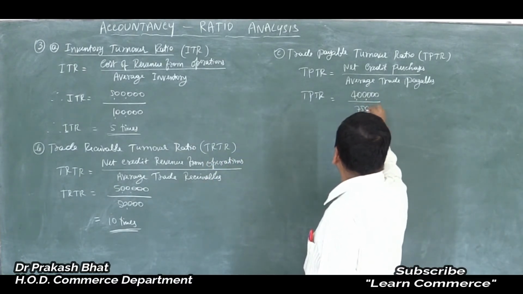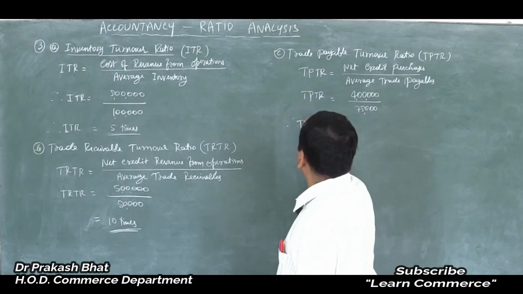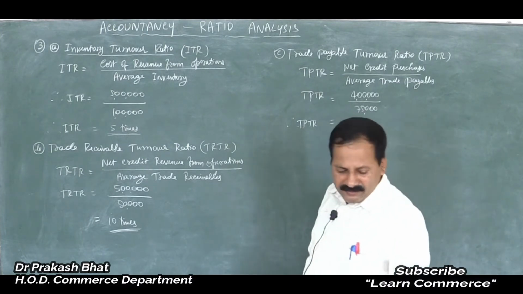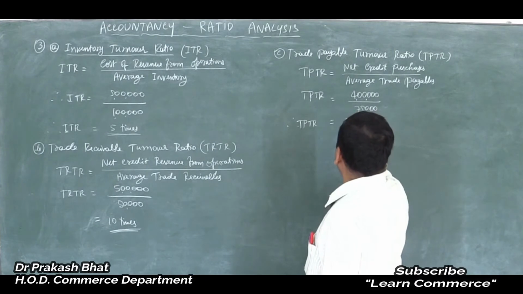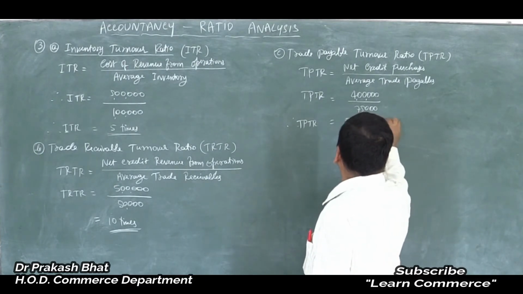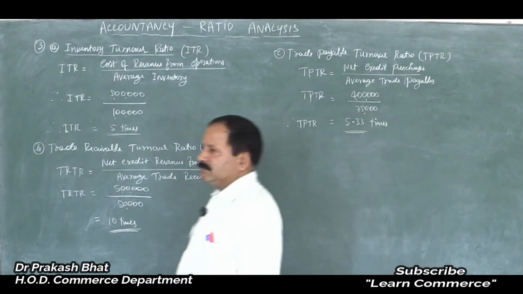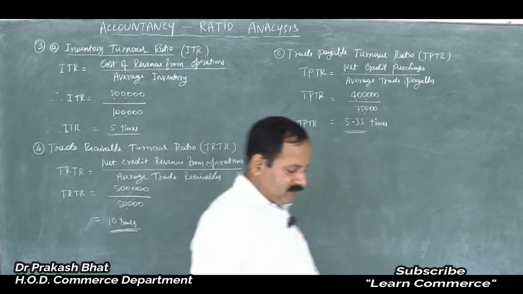Therefore TPTR is equal to 5.33 times, as it is turnover. That's all.